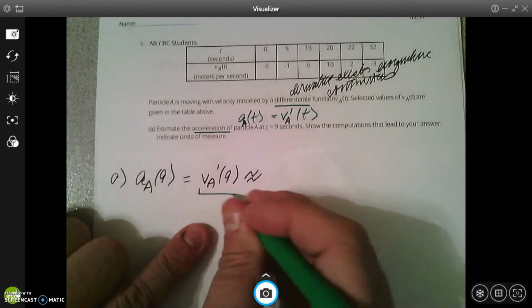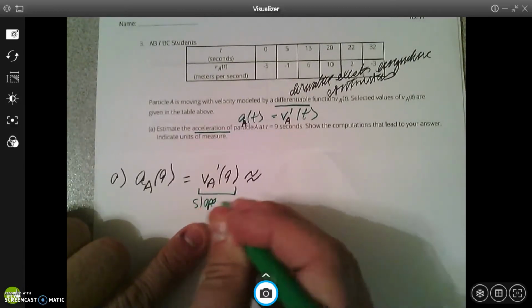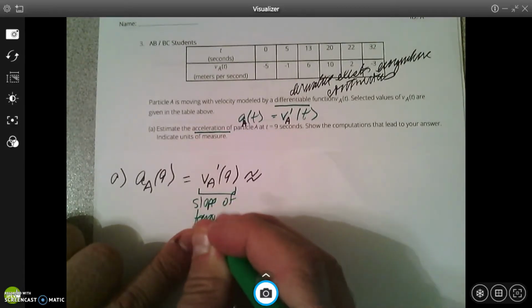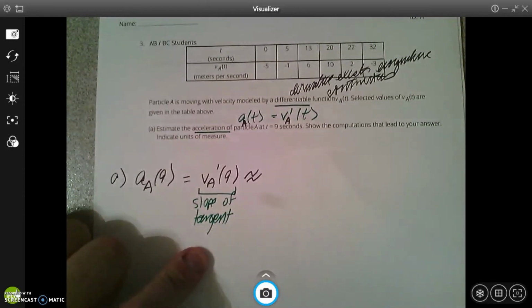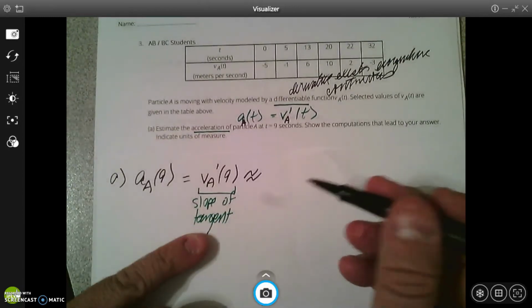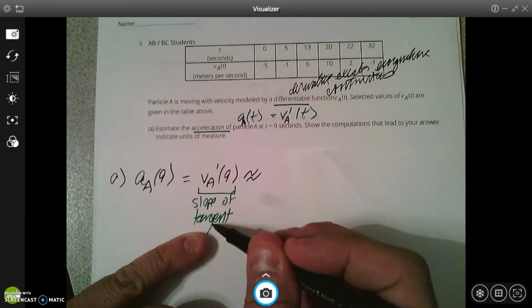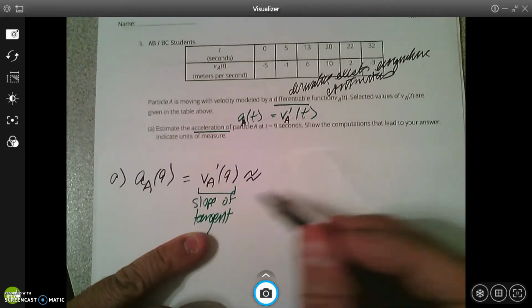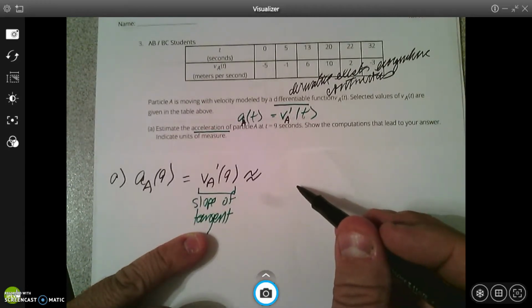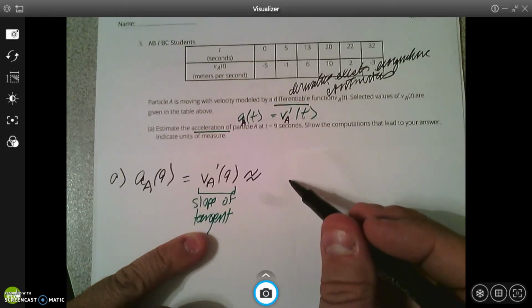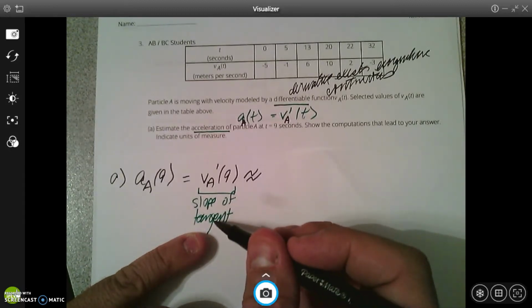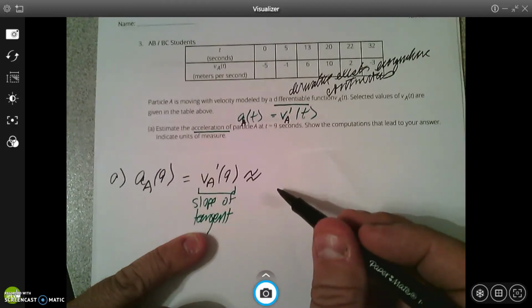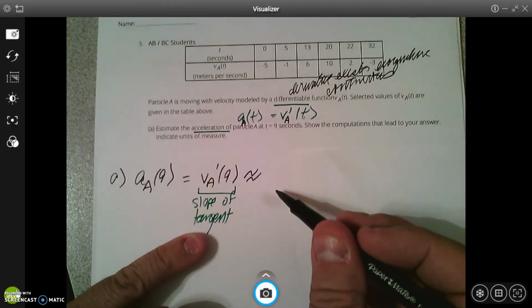Well, we remember that the derivative is the slope of the tangent line, and what we would do way back in the beginning of the course is you approximate the slope of the tangent line by finding the slope of the secant line. So one more time, what we want is the slope of the tangent line. We're going to approximate using the slope of the secant line.